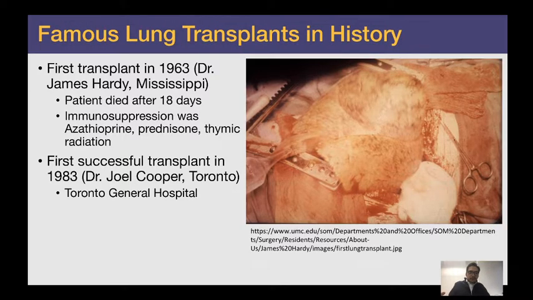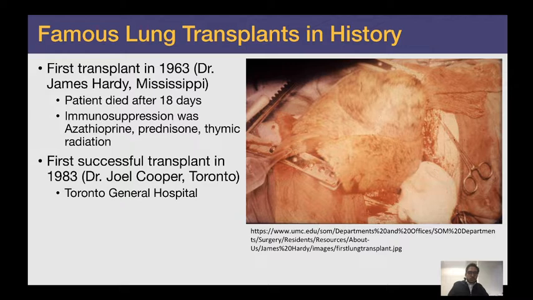Oh, but first let me talk about the first lung transplant. So the first lung transplant was performed in Mississippi, and it was actually performed on a prison inmate who died 18 days after the transplantation.